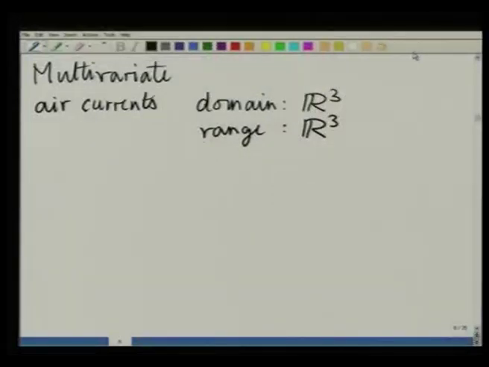So, this is another case of a multivariate function. We can construct various multivariate functions in the same manner. For example, another example is the magnitude and direction of the Earth's magnetic field at various points on the Earth's surface.